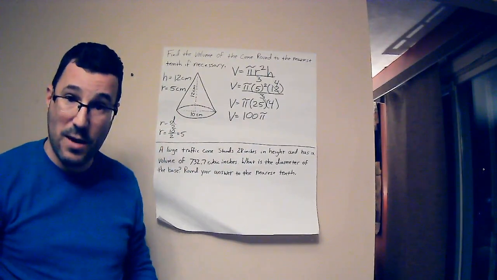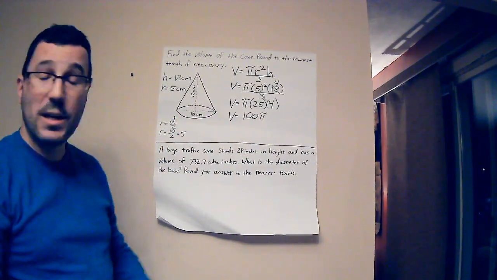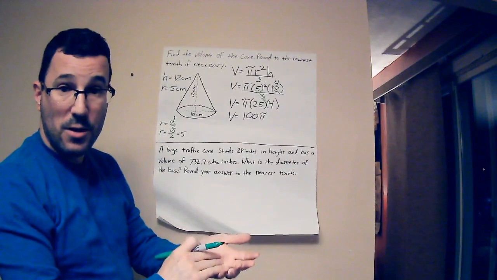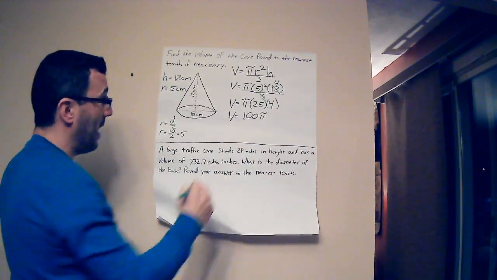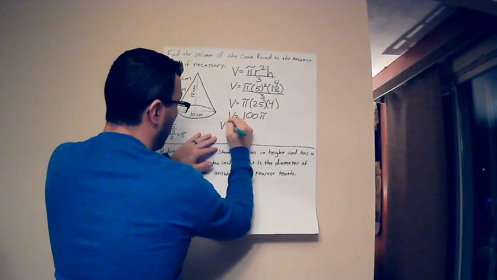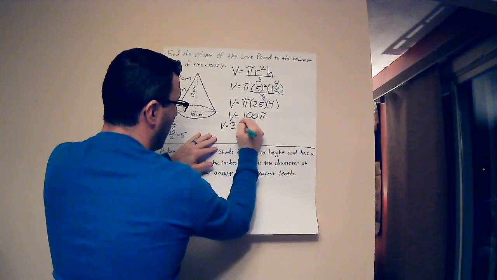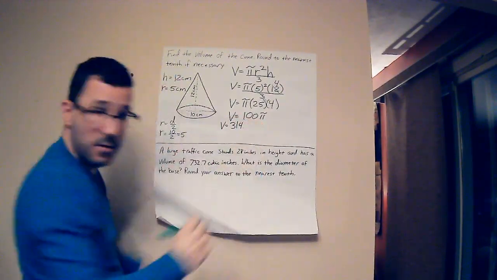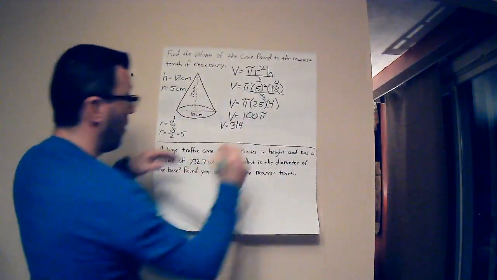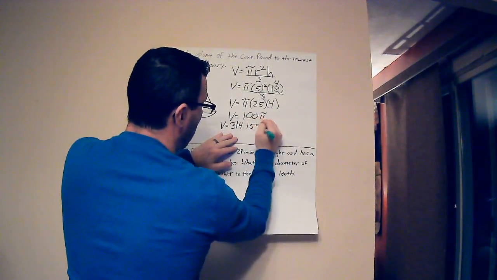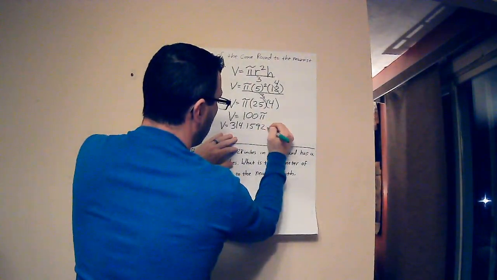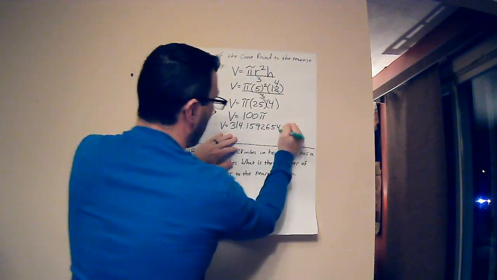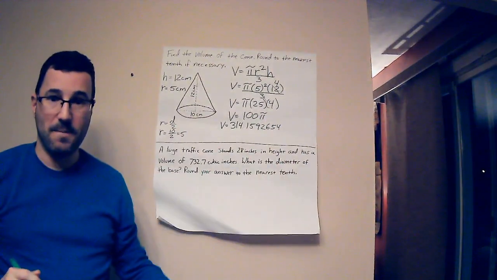This tells us to round, so we're going to have to go into our calculator and do 100 times the pi button. And we get, and I'm going to write the long one first, 314.159264. So we get that long thing.